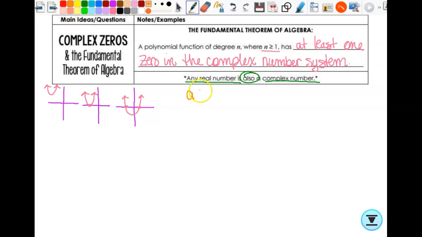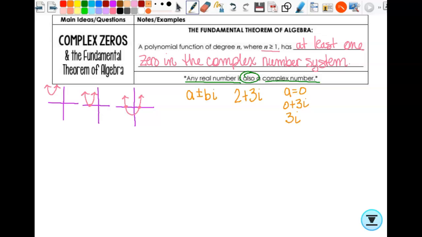So a complex number looks like this: a plus or minus b times i. Okay? So let's say we have a complex number like 2 plus 3i. That's a complex number. Well, in this complex number, if a were to equal 0, then I have 0 plus 3i, which is just 3i, which is like the imaginary numbers we got up there.